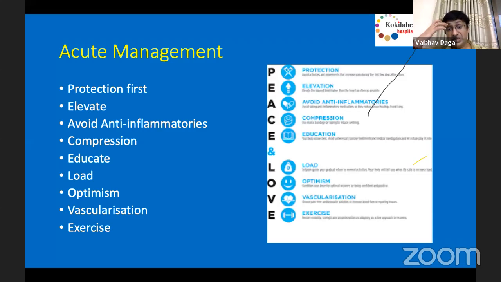The vascularization is to be increased, so normal exercises which are not going to put the ACL in jeopardy or load it enough to injure it further can be done. That will help the vascularization, as well as a little bit of movement, which will help them be optimistic about going further in the management.